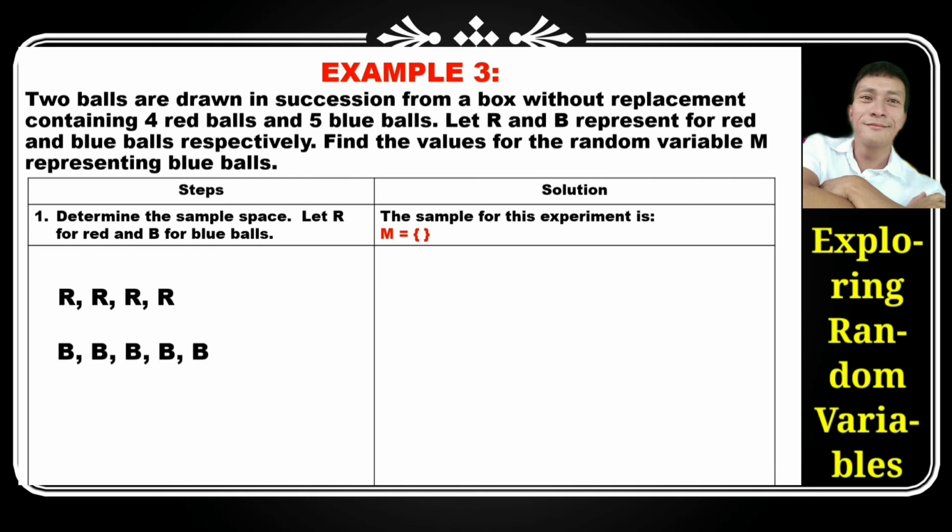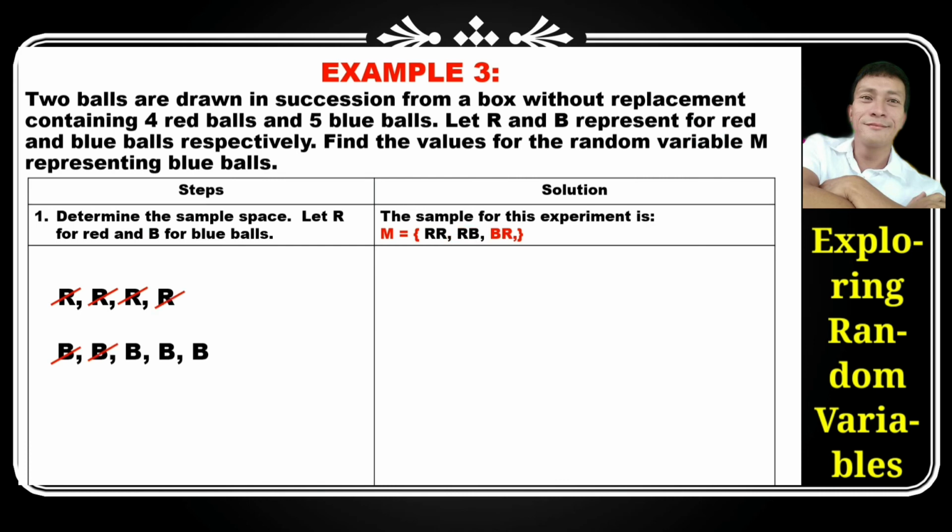To illustrate how the balls are drawn from the box, let us write 4 R's and 5 B's on the left box. For the first possible outcome, you will draw 2 red balls, so let us cancel 2 R's on the box. Second outcome is 1 red and 1 blue ball, so cancel 1 R and 1 B at the box.